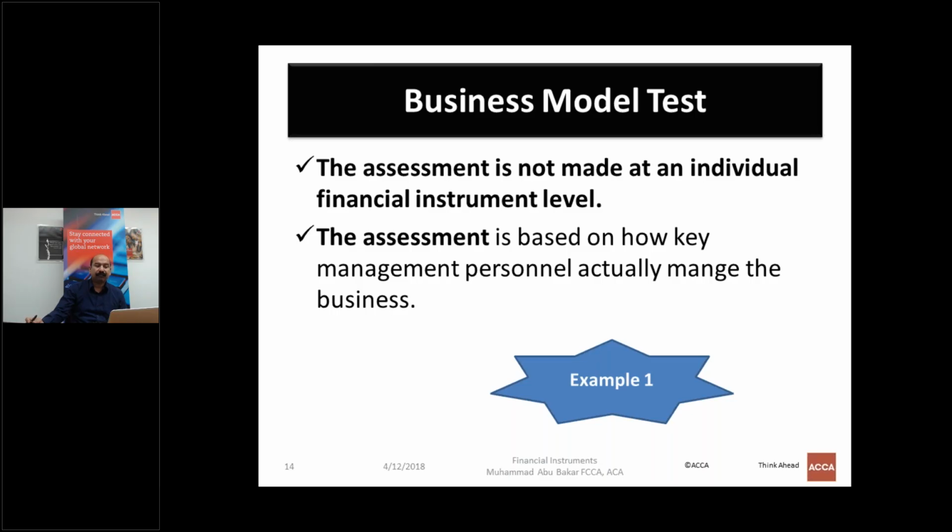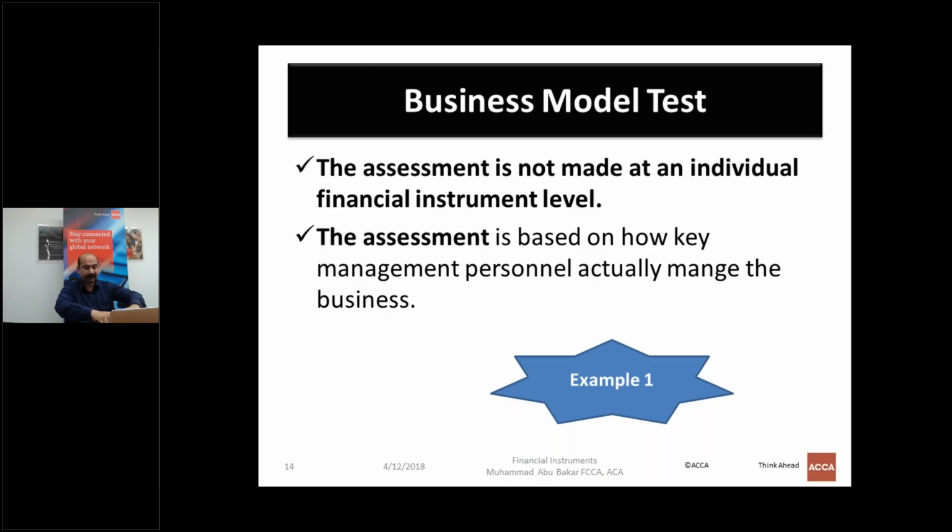Although the objective of an entity's business model may be to hold financial assets in order to collect contractual cash flows, the entity need not hold all of those assets until maturity. Thus, an entity's business model can be to hold financial assets to collect the contractual cash flows even when sales of financial assets occur.